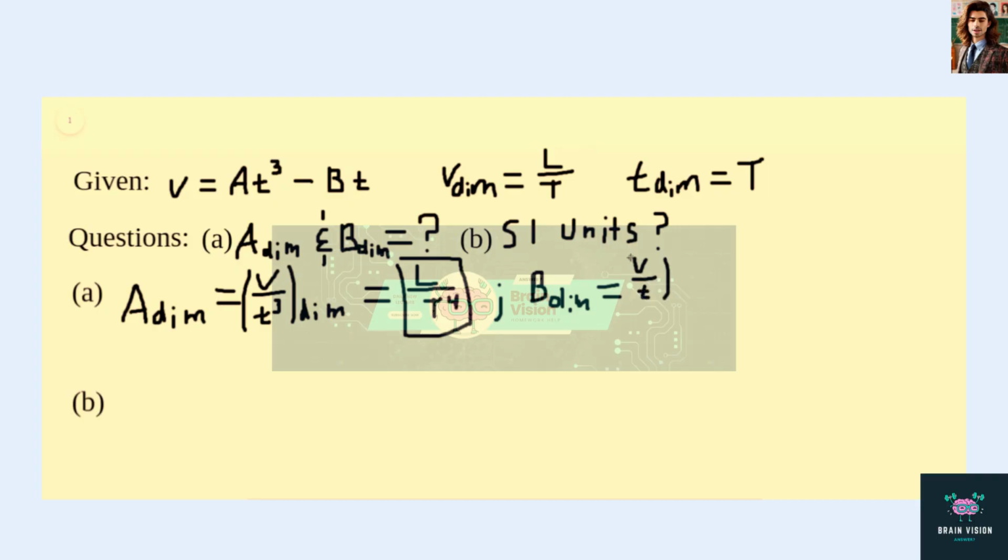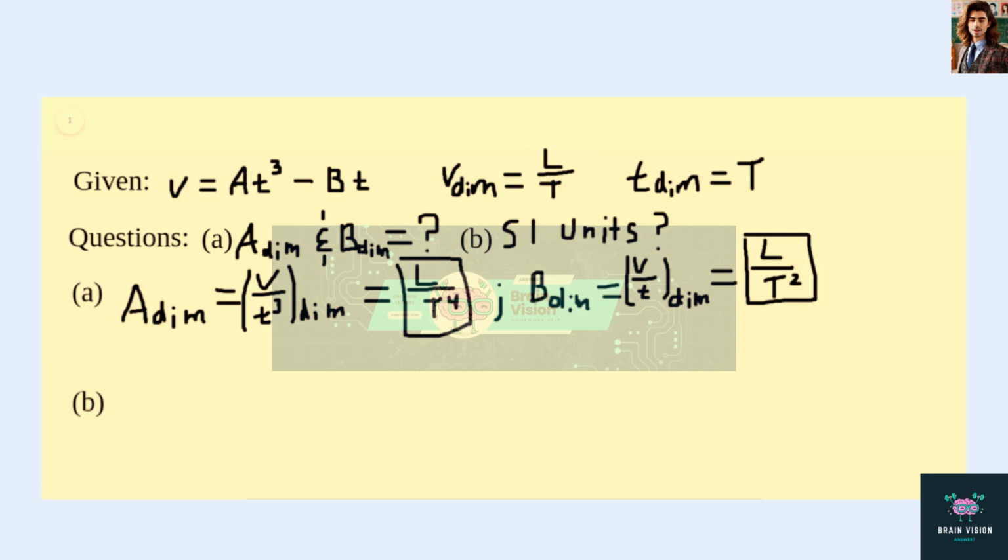It's got to be the dimensions of V over little t. Okay, well, again, V's dimensions are L over t, capital T, and then dimensions of little t are just capital T for time. So this is L over t squared. Okay, so now we know our dimensions for A and our dimensions for B.